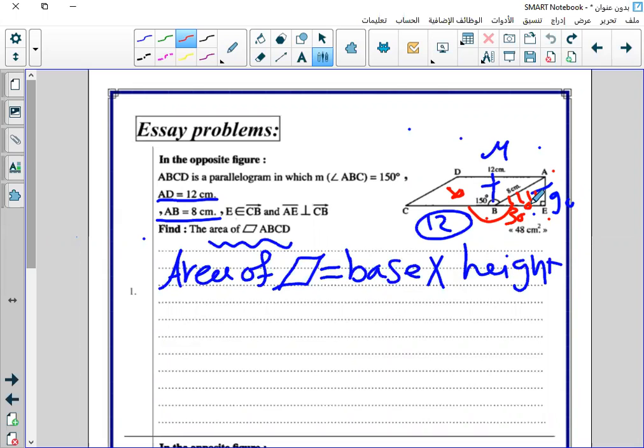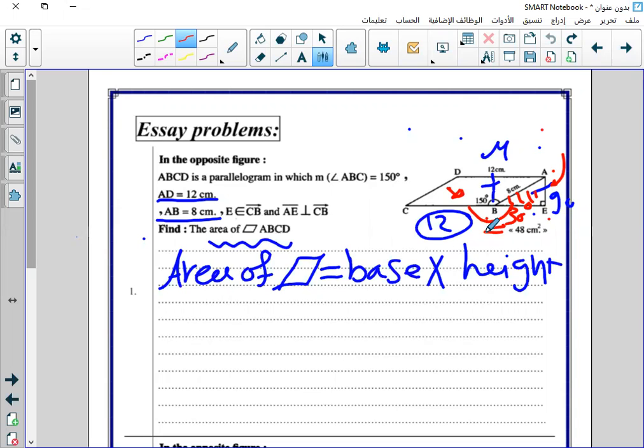And the other angle, the measure of angle BAE, will be 60 degrees. We said in the first term that in a right angle triangle, the length of the side opposite to the angle 30 equals half the hypotenuse.